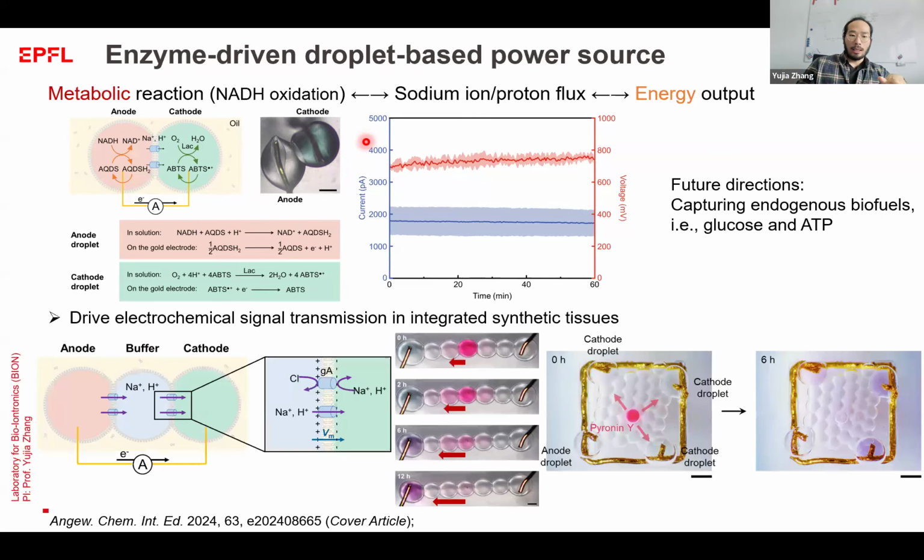It could be used to power ion transport and also charged molecule transport if we combine this droplet fuel cell with a droplet network. In this case, it can be used to translocate a charged molecule into the target droplets, depending on the distribution of the cathode or the anode droplet.